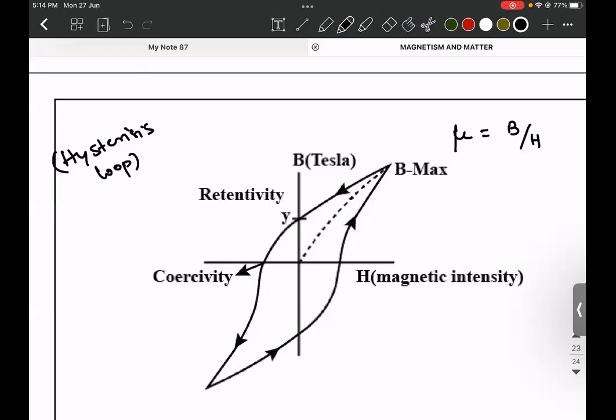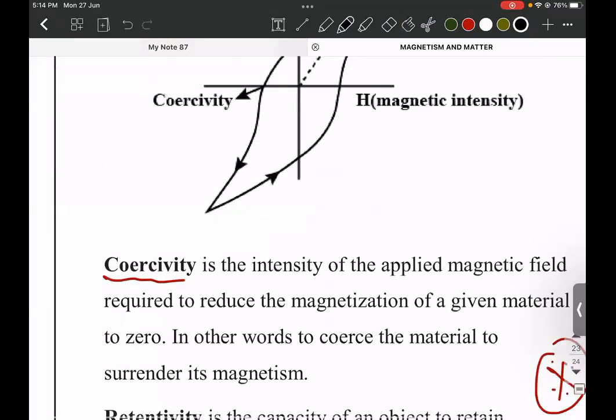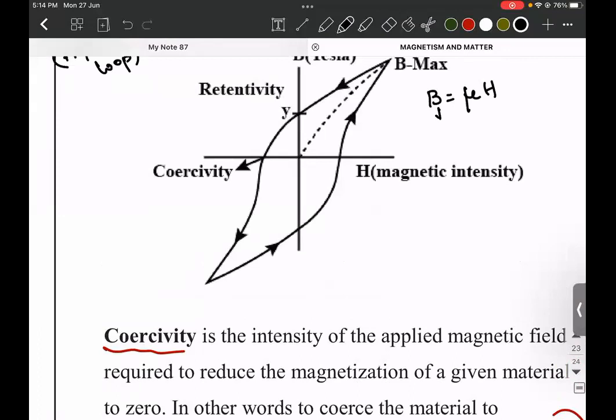So from this, what can I say B will be equal to? Mu times H, is that clear? So the magnetic induction is equal to mu times the magnetizing field intensity. Suppose I take B on the y-axis and H on the x-axis.